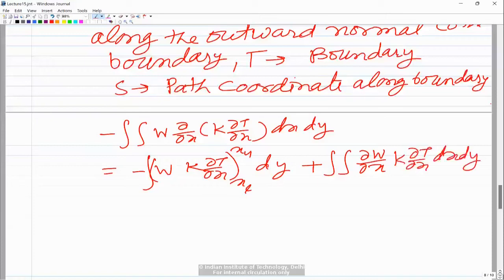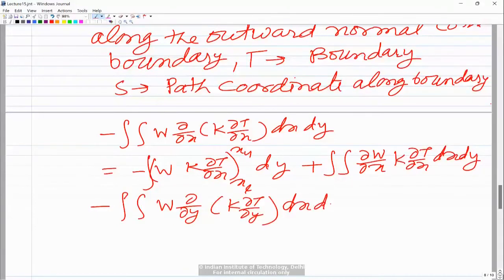And similarly, if you take minus integral w del by del y of k into del t by del y dx dy, again using the integration by parts formula, now the integration is with respect to y. So first function into integral of second, with a minus, and the x integral would remain.